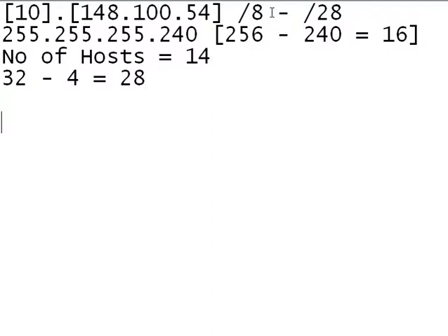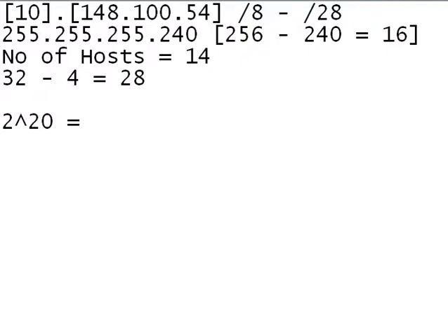So let me open up a calculator and show you what 2 to the power 20 is. Let's calculate 2 to the power 20.